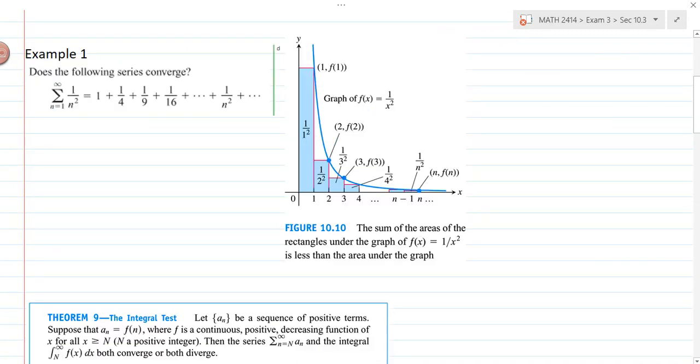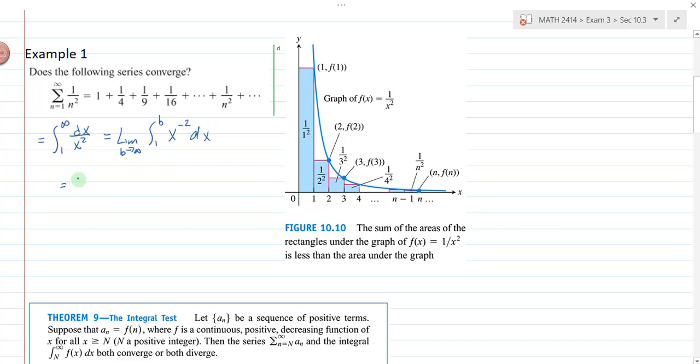In example 2, we're asked, does the following series converge? Well, what we're going to do is look at the graph of 1 over n squared, and we see this graph is continuous, positive, and decreasing. So that means that I can look at the integral from 1 to infinity of 1 over x squared dx. And that's going to be equal to the limit as b approaches infinity of the integral from 1 to b of x to the negative 2 dx.